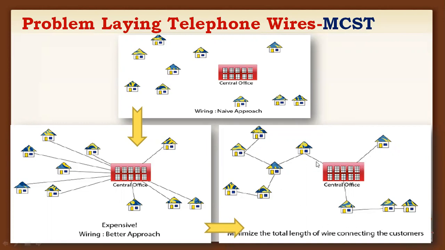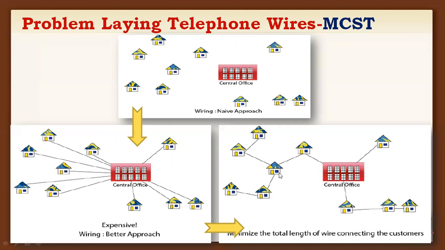So here there is a central office. In the central office, first we find the place with the least distance and connect it first. Next, we connect another one. This is the least distance. From the central office to here, this is another least distance. And likewise, we can connect here.